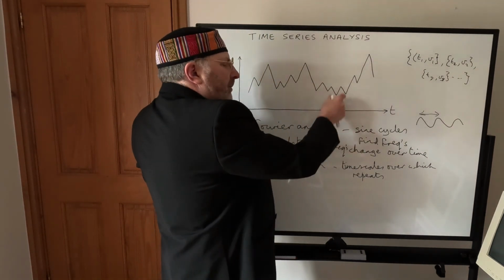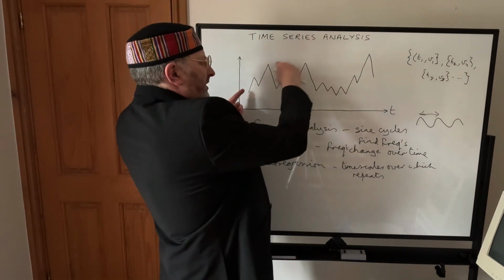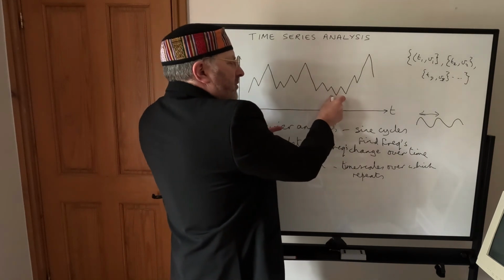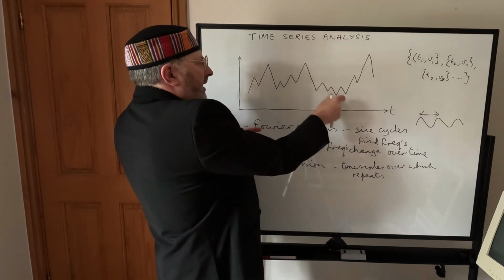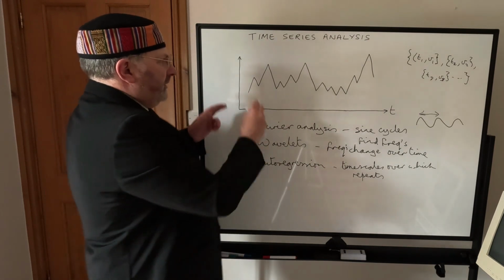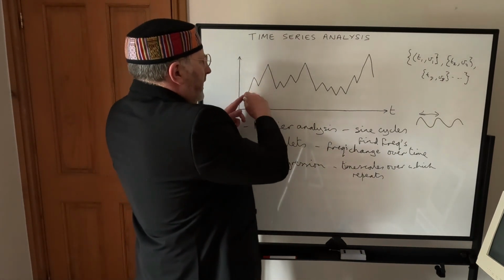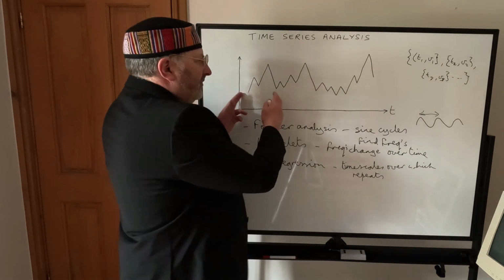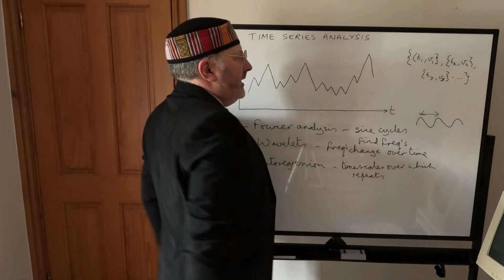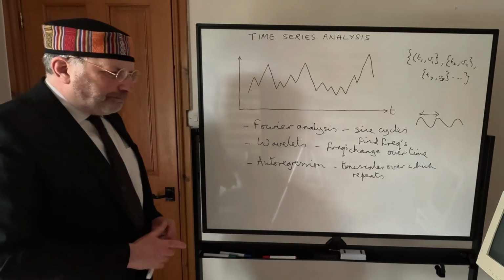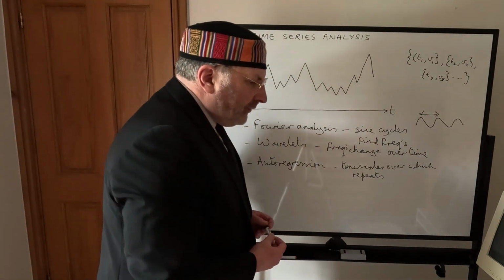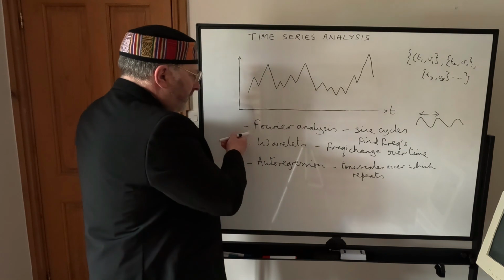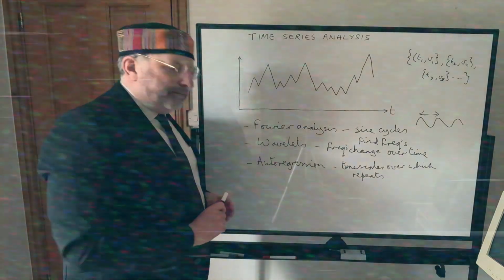Obviously, the autoregression would be stronger if this looked exactly like that, but autoregression will still pick up that those peaks are kind of in the right place. But anyway, with autoregression, we're looking at arbitrary shapes, but how they repeat over time, if there is some kind of regularity in the way they repeat over time. And we'll start with Fourier analysis.